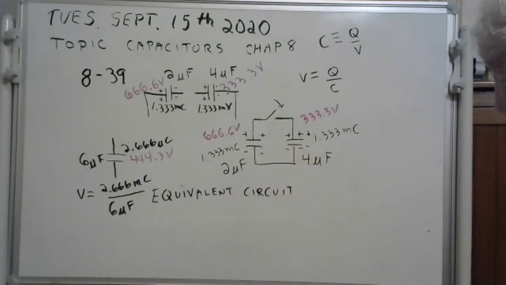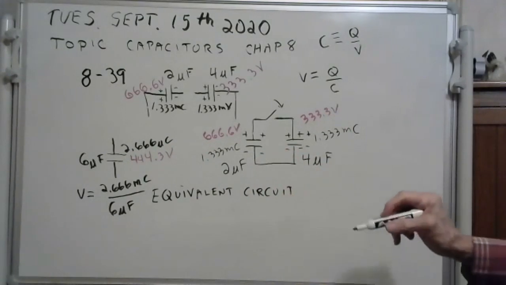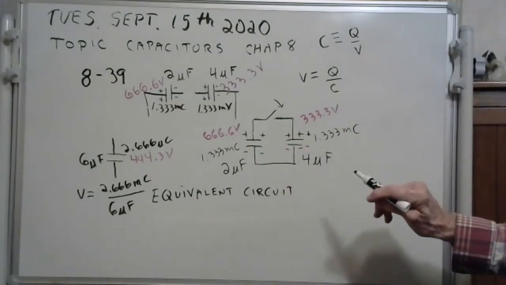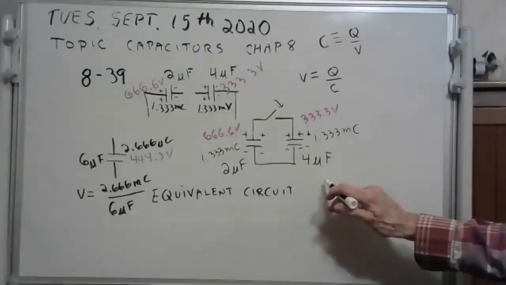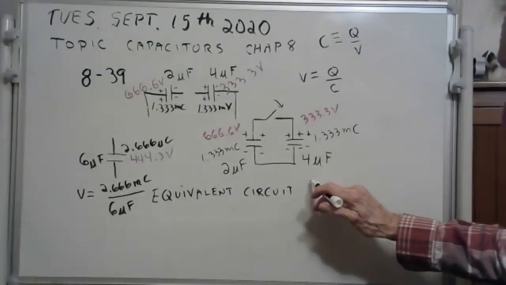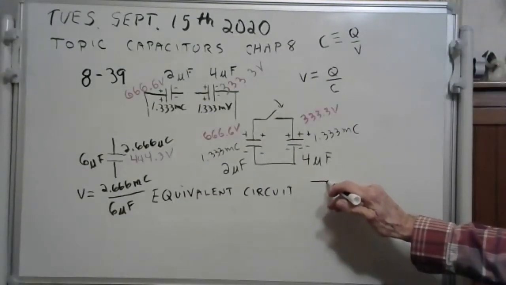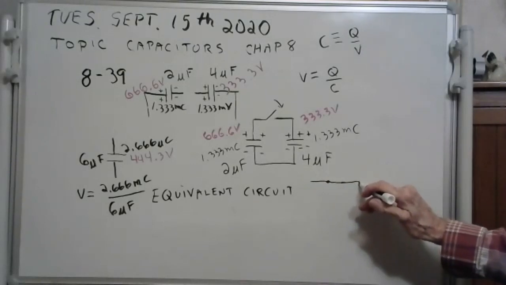So let's draw the final circuit. I need a little room here. I think there might be enough room down here. Here we go. See, we're gonna close that switch.